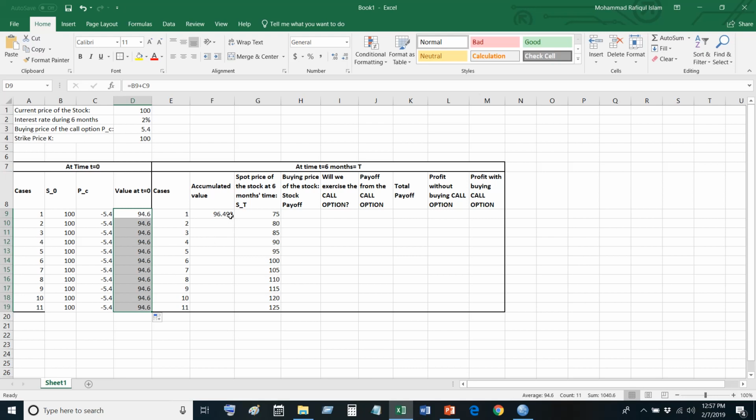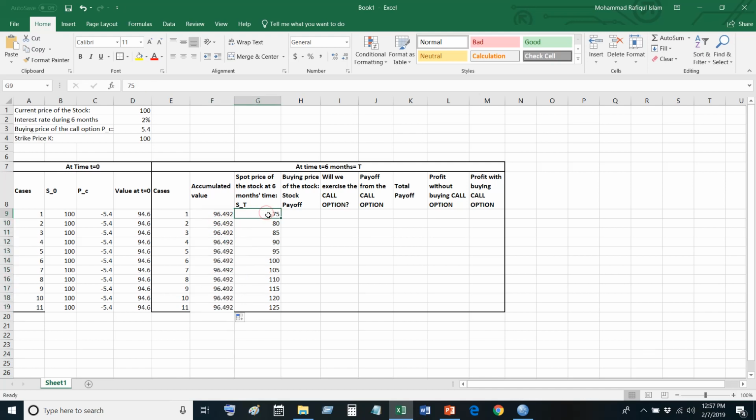So what is the accumulated value of our initial assets if we have invested that amount in a risk-free investment? We will just calculate the accumulated value using this formula: the value at time t equals 0 times 1.02. So that's the amount that we will have after 6 months time.